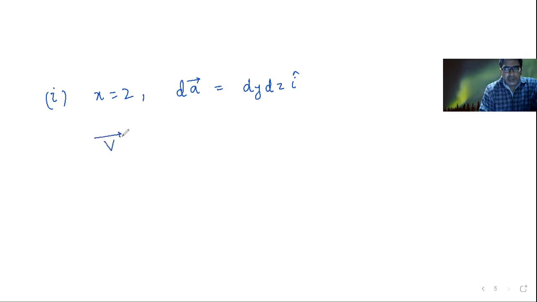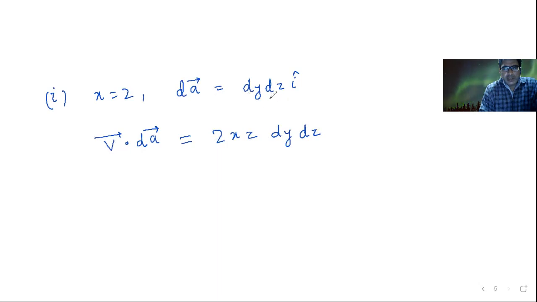Now what is V dot dA? We have to dot the vector field with this area element, which we have taken as dy dz pointing along the positive x direction. We would simply take the x component of V and dot it with this dA.